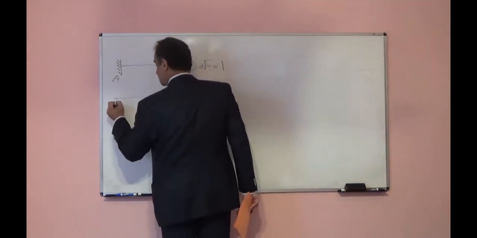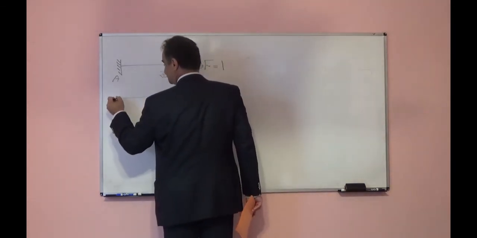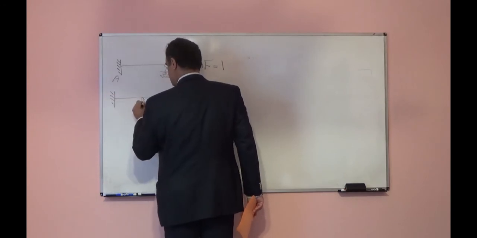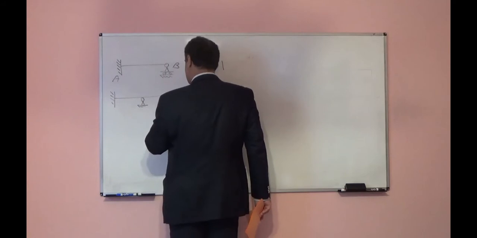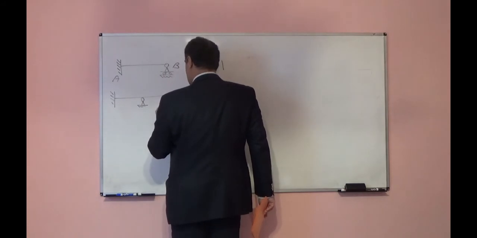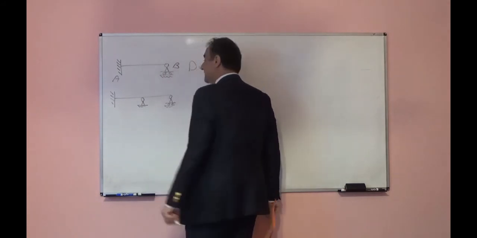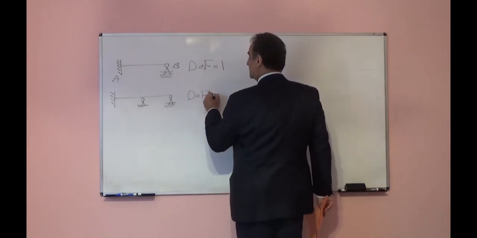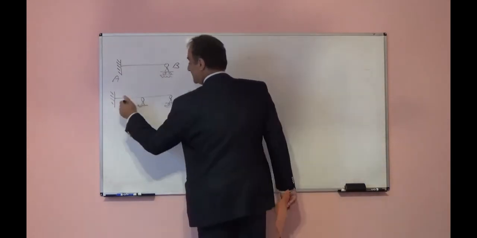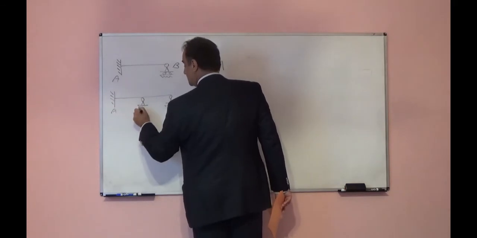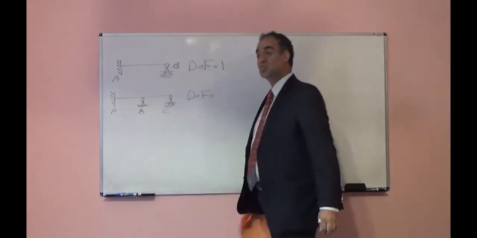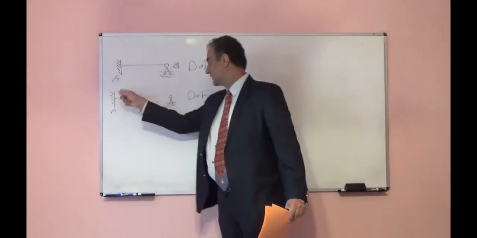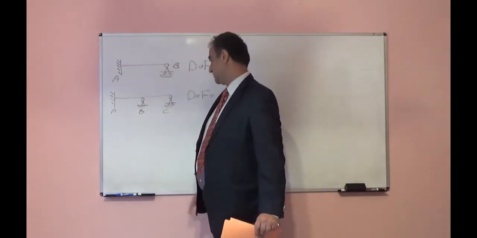Here, for example, the degree of freedom: we have A, B, C. Joint A cannot rotate because it is attached to the fixed support, so no rotation there.